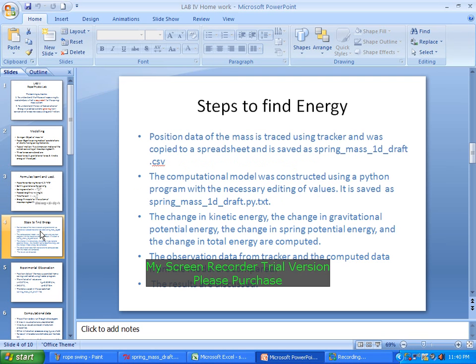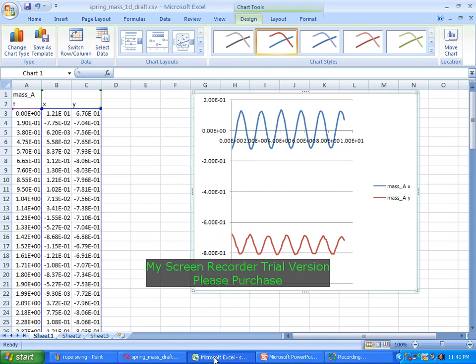These are the steps to find the energy. We use the tracker first to get and analyze the position data, which is saved in a .csv file. These are the data from the CSV file.